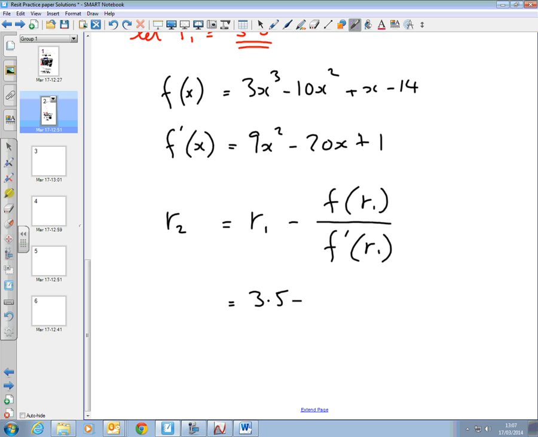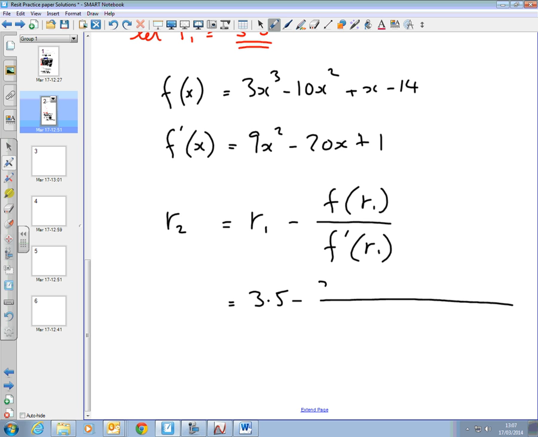I can try and do this in one hit on the calculator. I can put 3.5 minus, then use a fraction button and write this on top. So 3 times 3.5 cubed and so on. Or I can do it step by step on the calculator and work out what the value is. So let's try putting the values in.